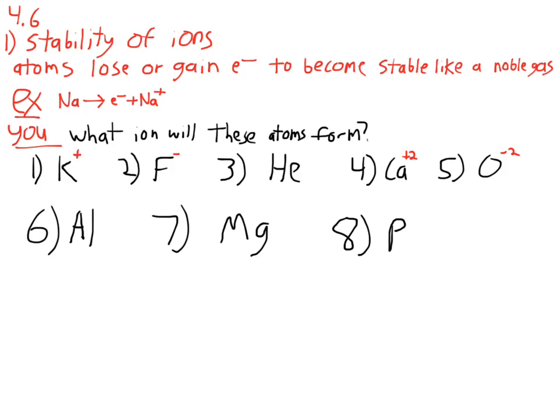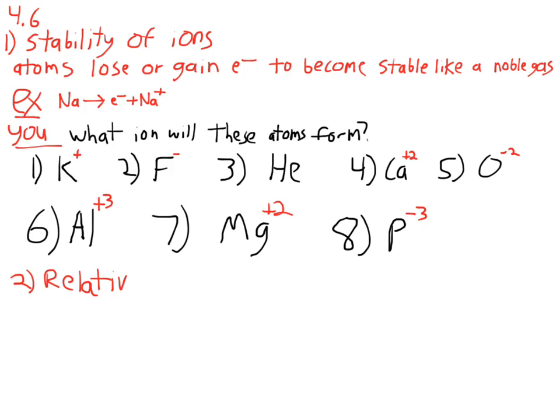Has 13 electrons, so it'll want to lose 3 to be stable like neon, because neon is closer in number to it than argon is, so it'll be +3. Magnesium with 12, so it'll lose 2 and be +2. And phosphorus with 15, so it'll gain 3 and be -3.